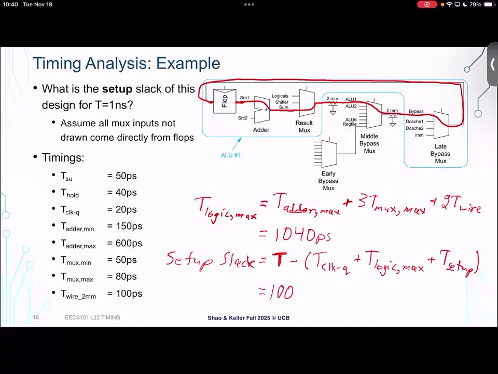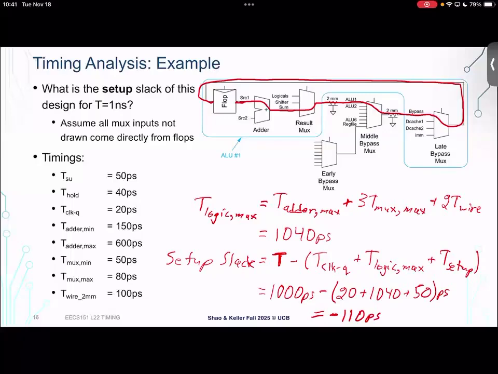We were told our clock period is 1 nanosecond, which is 1,000 picoseconds. And we have clock-to-Q of 20, logic max delay of 1040, and a setup time of 50. So the result is negative 110 picoseconds of setup slack.